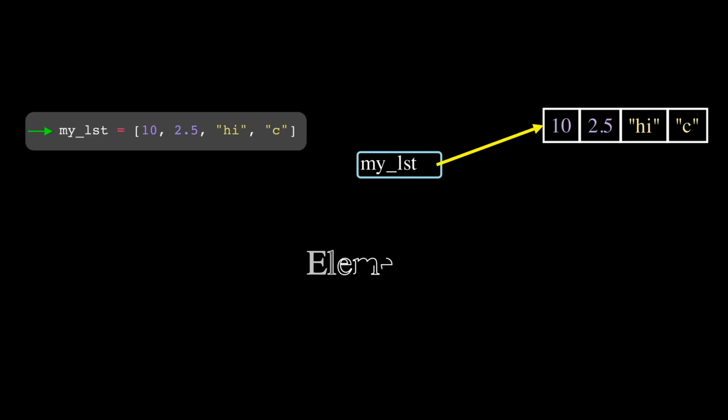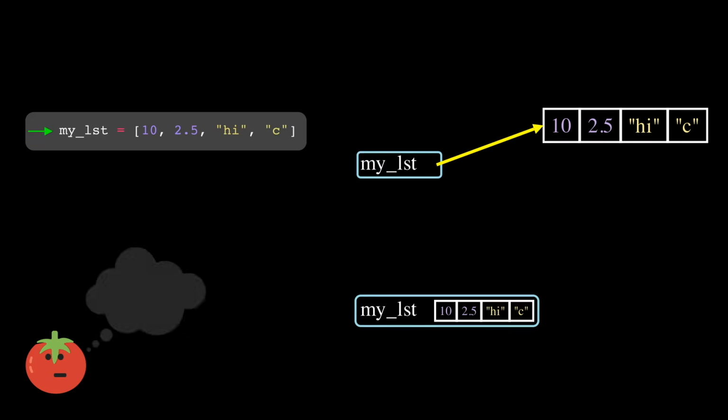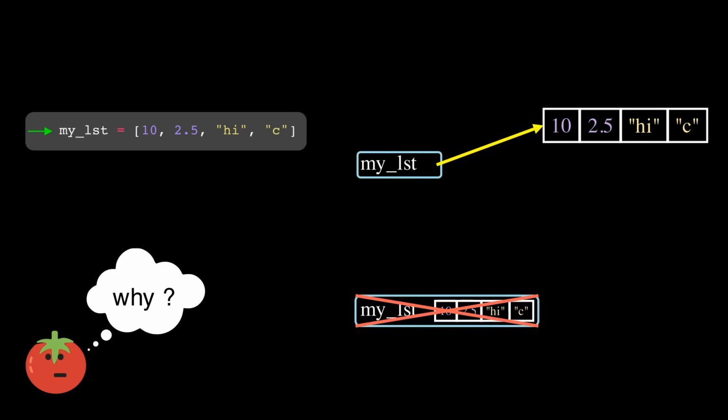Sometimes, people use the word element referring to a particular data in a list. I'll use those 2 terms interchangeably in this video too. Here, you definitely notice something strange. The variable myList does not store the entire list, which is what everyone expected. But rather, it is storing an arrow which references the actual list. Why?